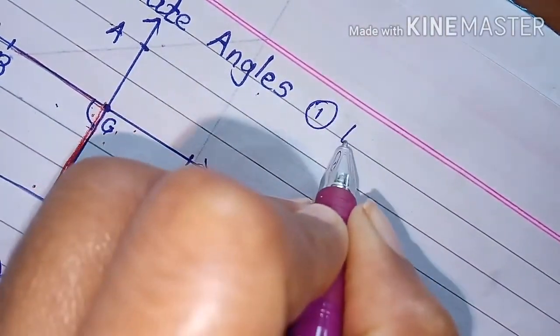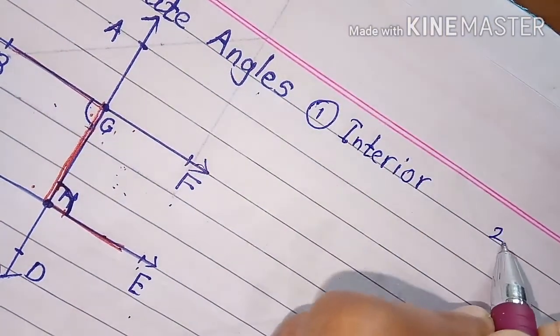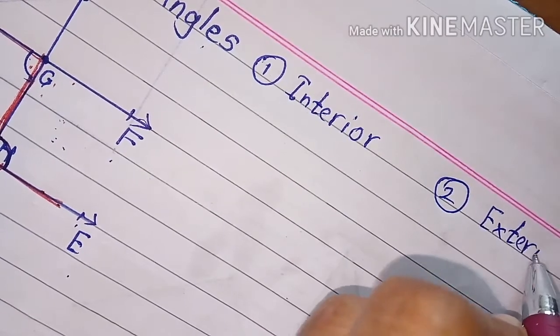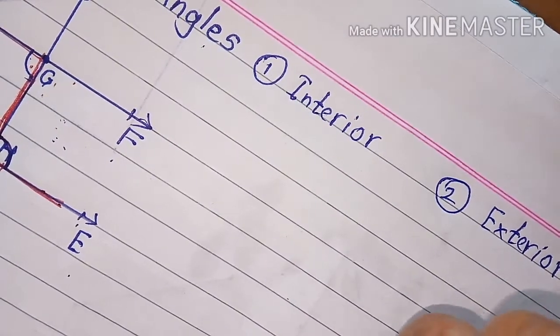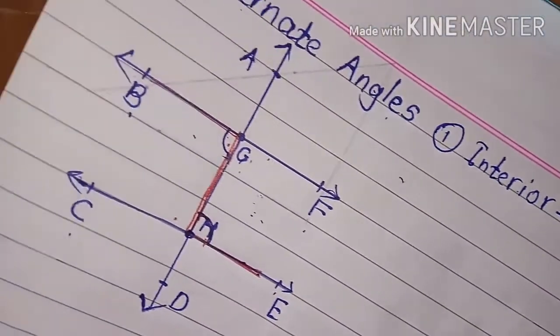First one is interior and second one is exterior. Interior alternate angles and exterior alternate angles.